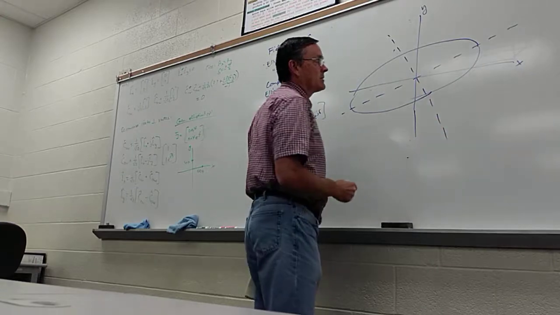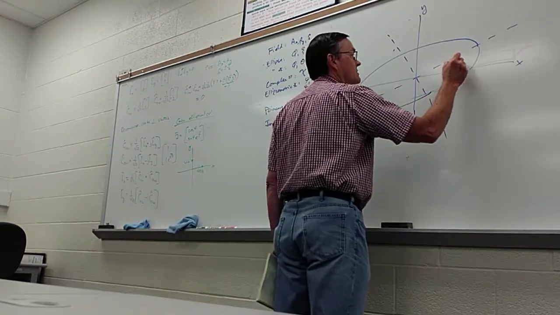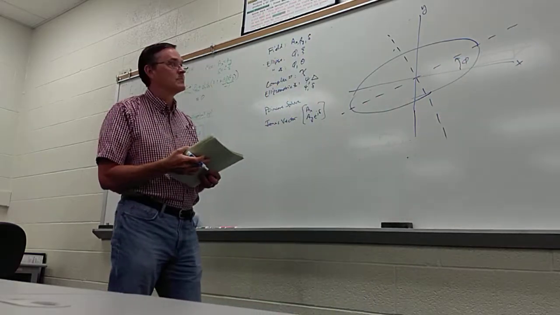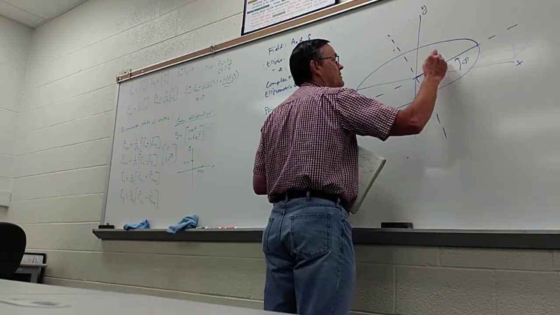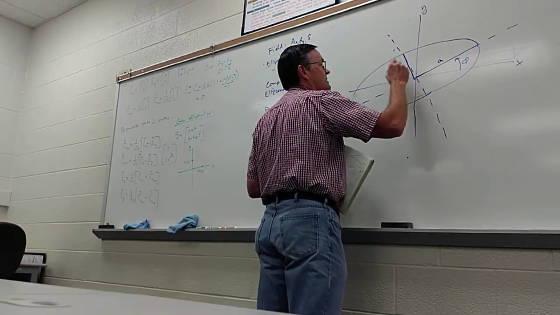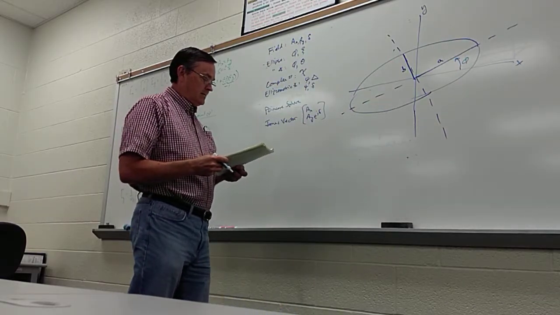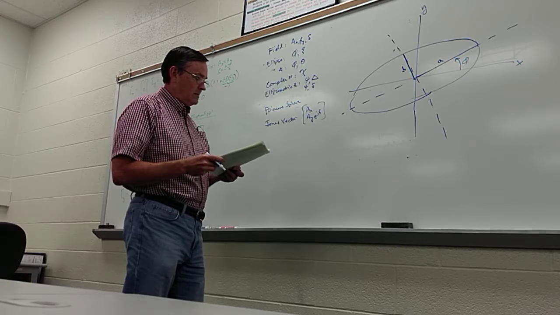We have the semi-minor axis. And then this is the orientation angle phi. And then we have half the semi-major axis A, half the semi-minor axis B.